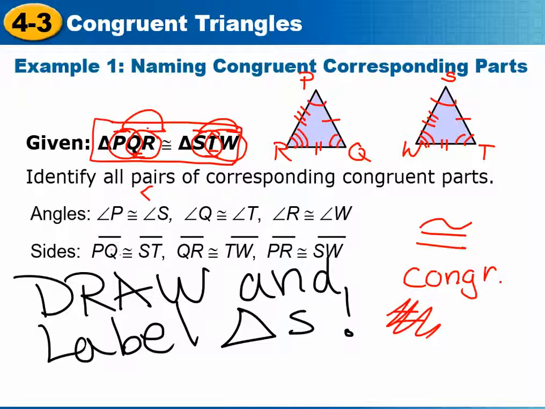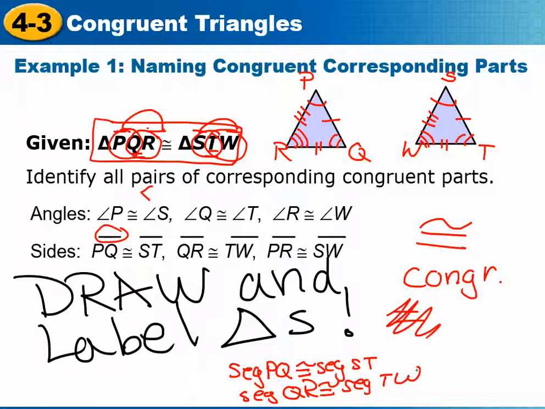And then it's very hard to make a line above without having to insert an equation. So we would just write segment. I would just write SEG. Segment PQ is congruent to segment ST, and segment QR is congruent to segment TW, and so on. That's how I'd write that.